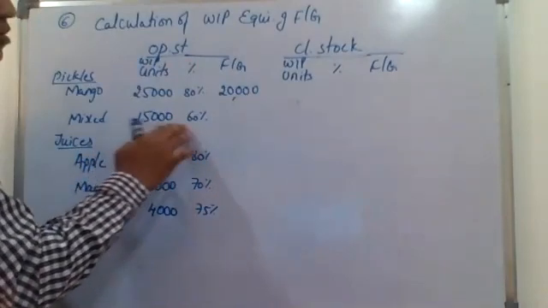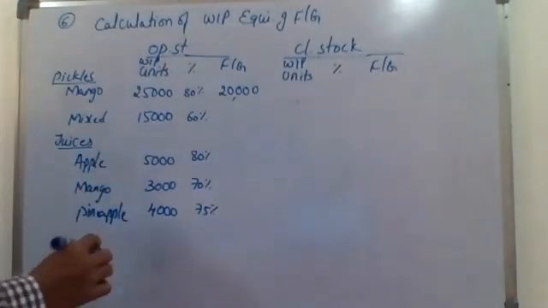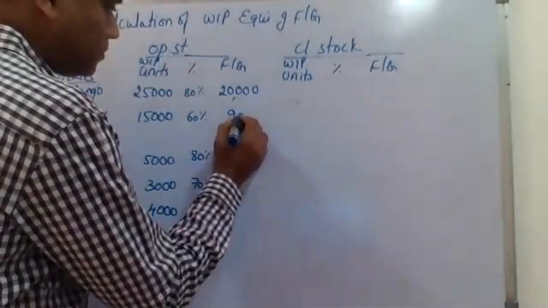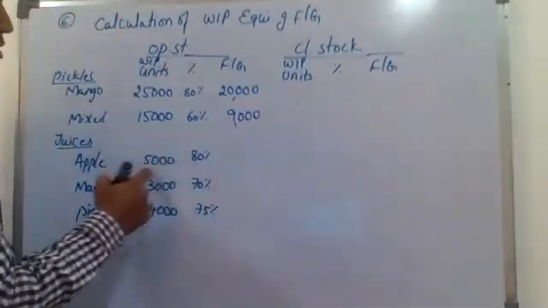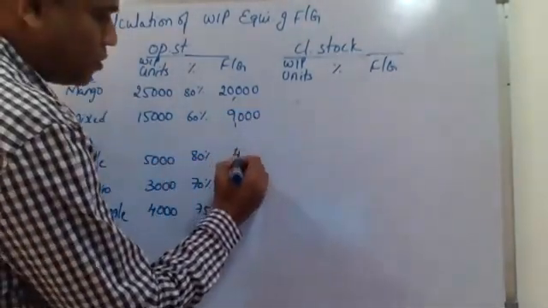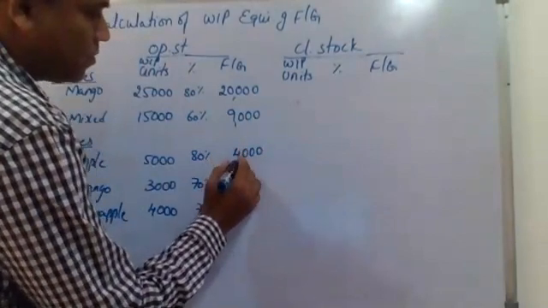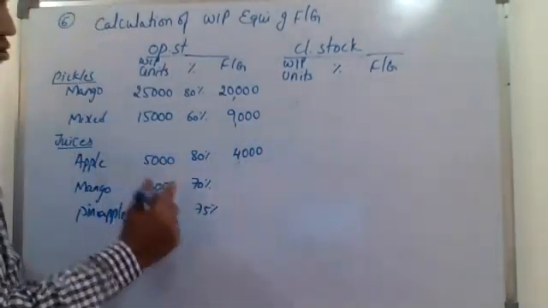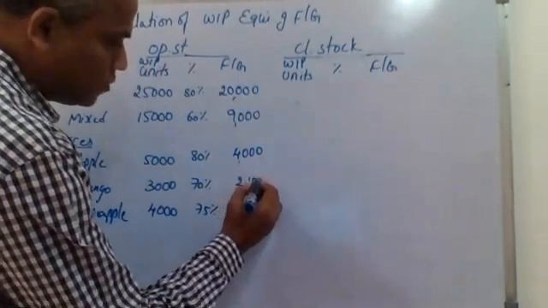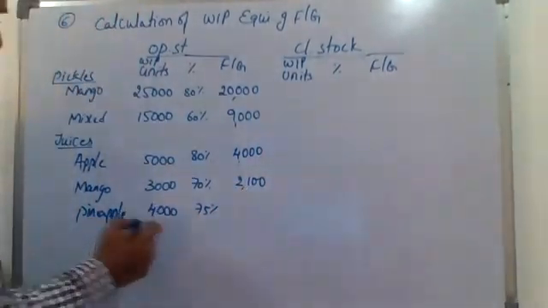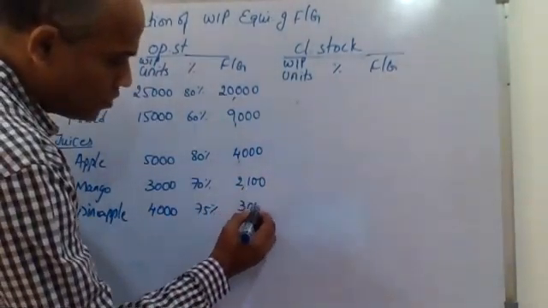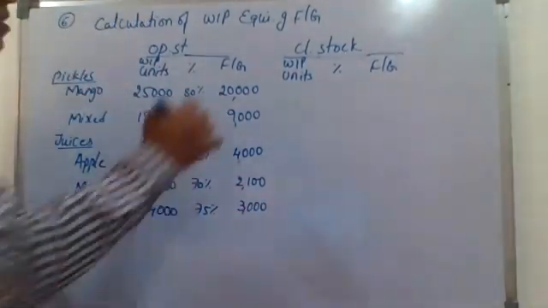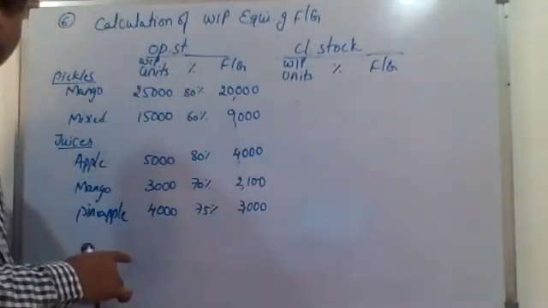Then 60% of 15,000 comes to 9,000. 80% of 5,000 should come to 4,000. 70% of 3,000, 2,100. 75% of 4,000 comes to 3,000. These figures are important for me, not those figures.